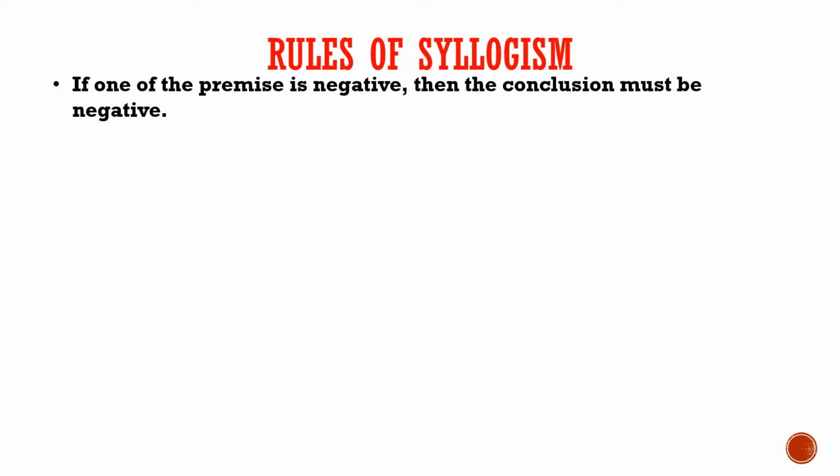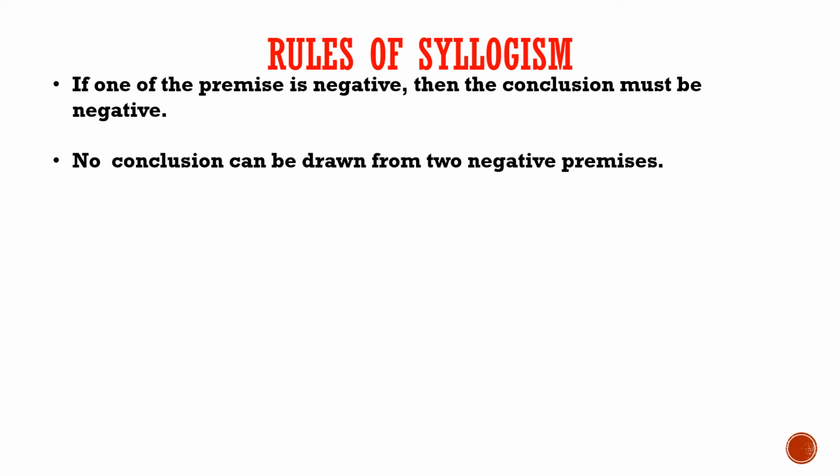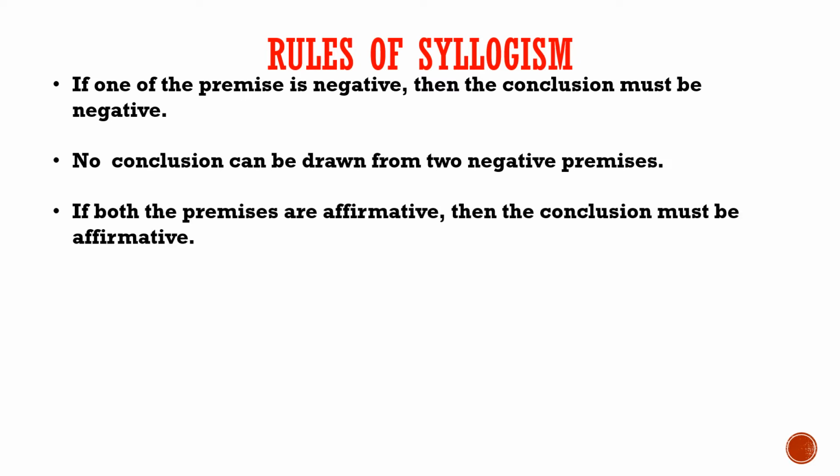Next, if one of the premises is negative, then the conclusion must be negative. Next, no conclusion can be drawn from two negative premises. Next, if both the premises are affirmative, then the conclusion must be affirmative.